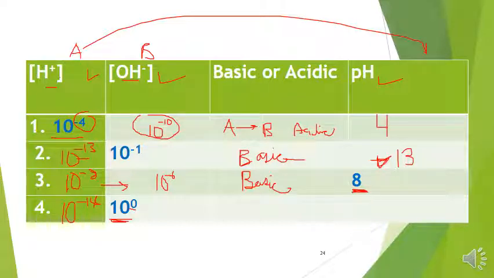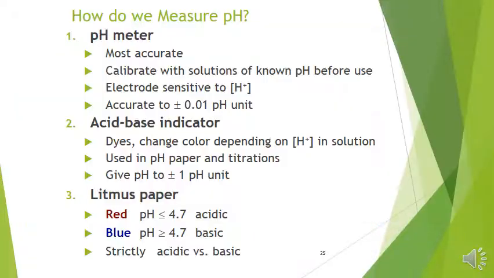Negative 14. What's bigger, 0 or minus 14? 0 is bigger. So again, there's more base. What's the pH? 14. Now study this example really well.